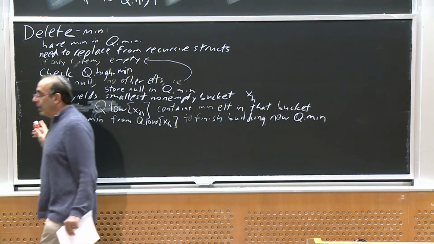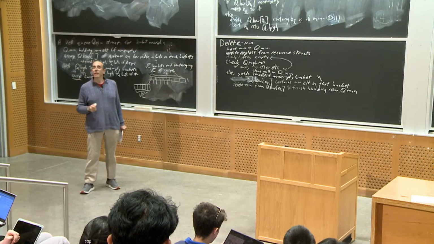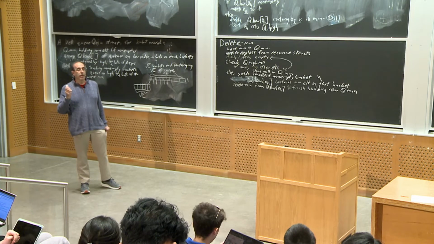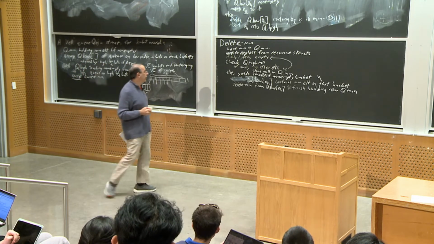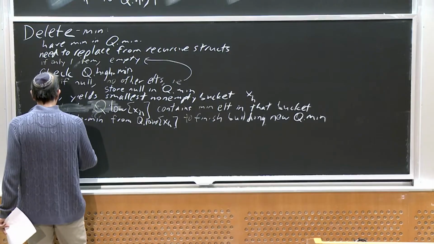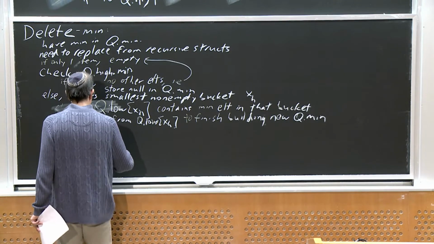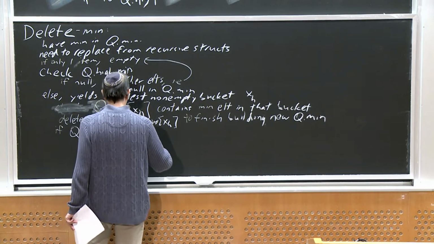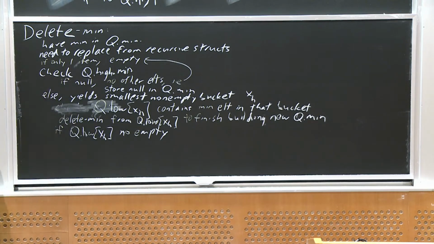OK, so in this step, I've deleted an item from a bucket. What might happen? Yes? It's empty. Right. So deleting from a bucket may leave me with an empty bucket. If q dot low of xh is now empty, what do I need to do to get a proper representation of my data structure?